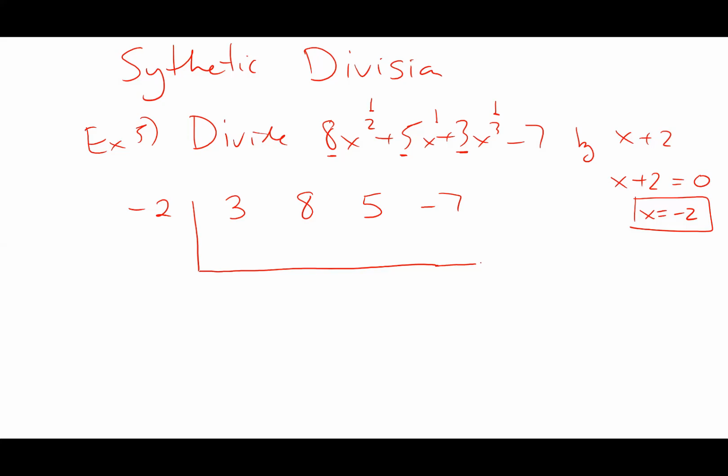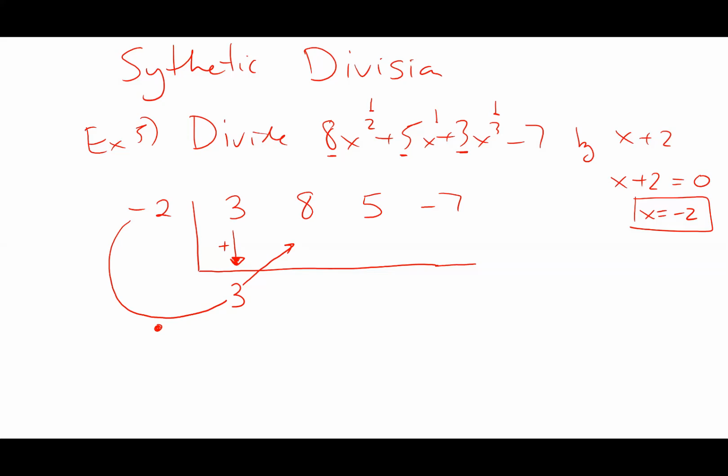Sweet. You guys ready? Super fast. Here we go. We're going to add down. So that's the 3. And all we're going to do is take this -2, and I'm putting in arrows, but you don't have to put in arrows. We're going to add down, and we're going to multiply back up. So 3 plus nothing is 3.